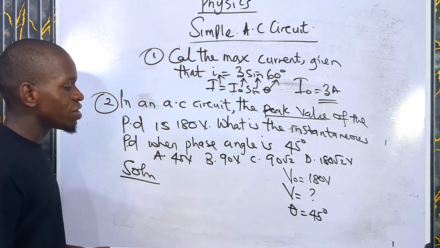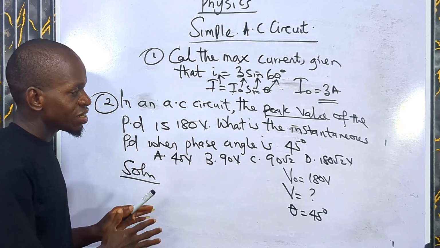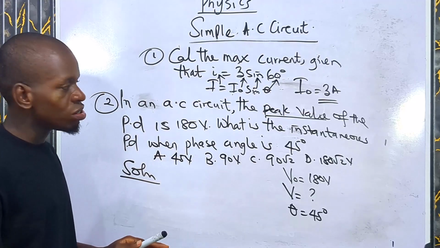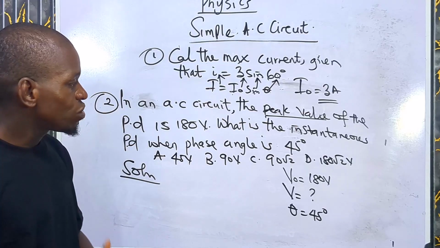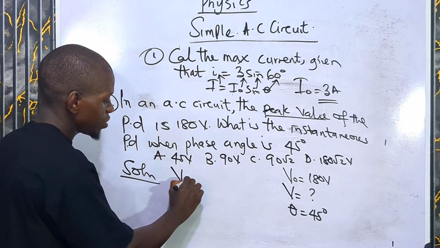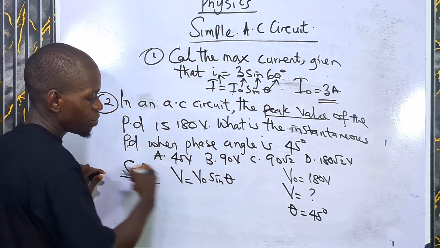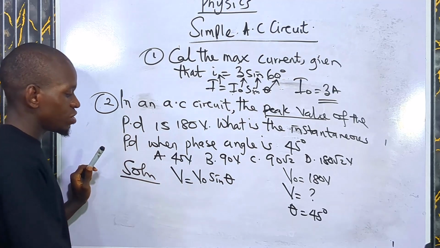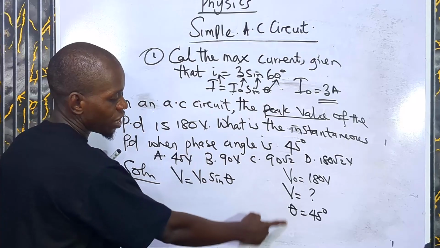So since I am looking for that now, what formula do you think I'm going to use? Remember that when I started this section, I told you that we are learning peak and instantaneous value. So the formula that has to do with that is V equals V0 sine theta, because this formula is used to find three things: instantaneous voltage, peak voltage, and phase angle, which are what we have here.